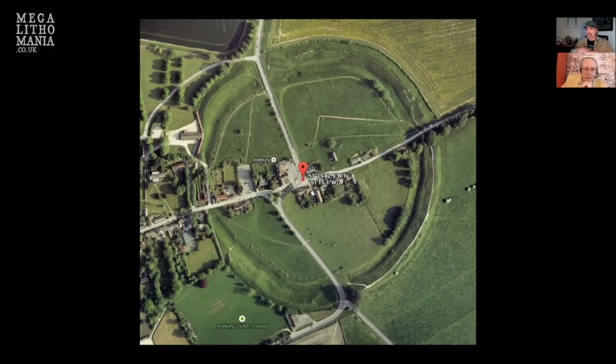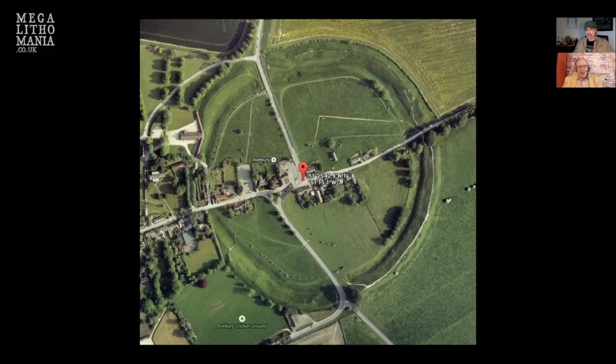Yes, if you look on that diagram that you've got up there, you'll see next to the red marker it gives the latitude north, and it says 51 degrees, 25 minutes, and 45 seconds.